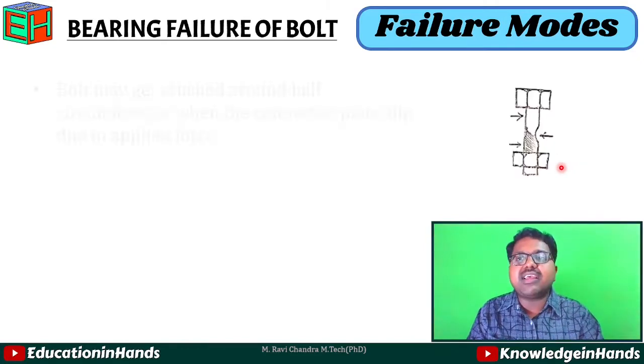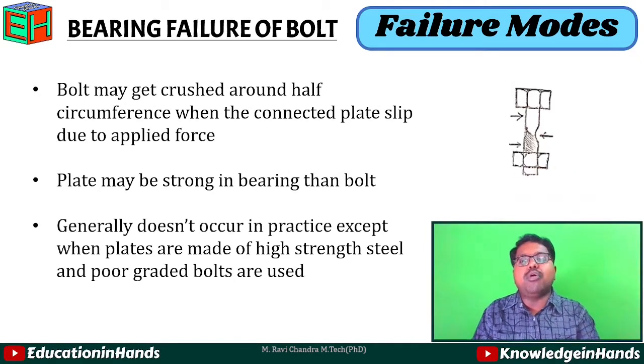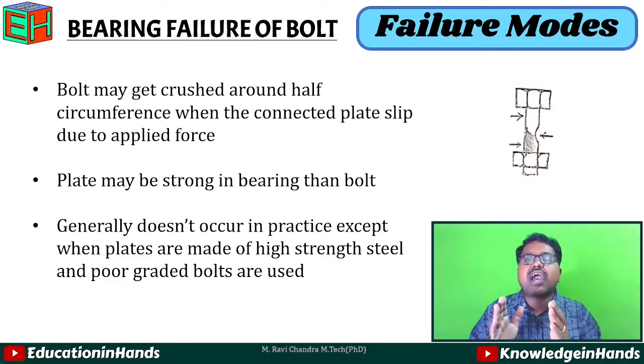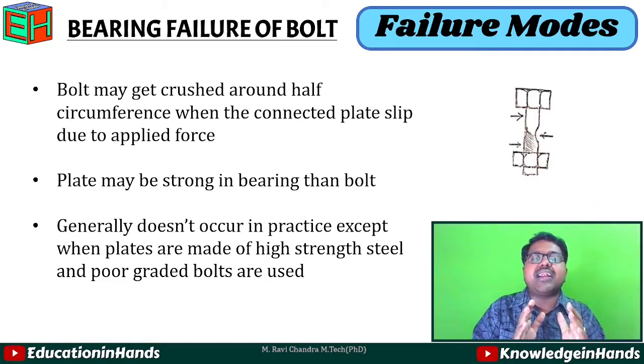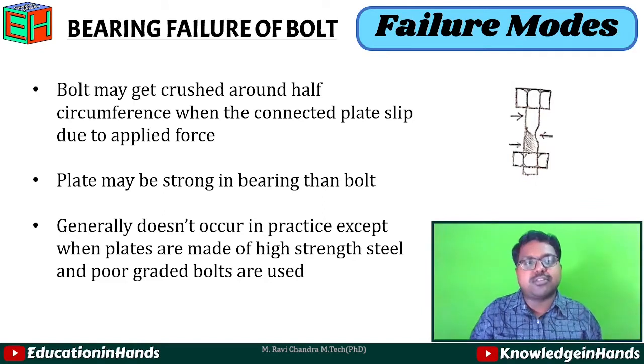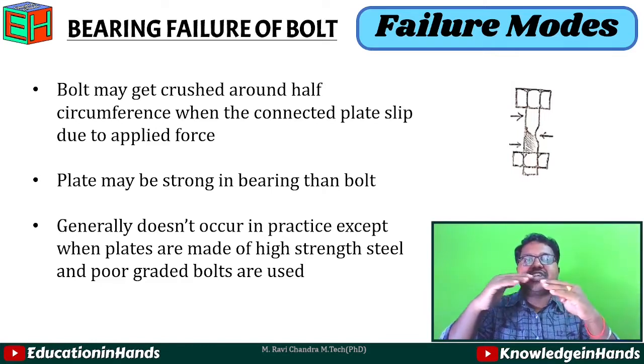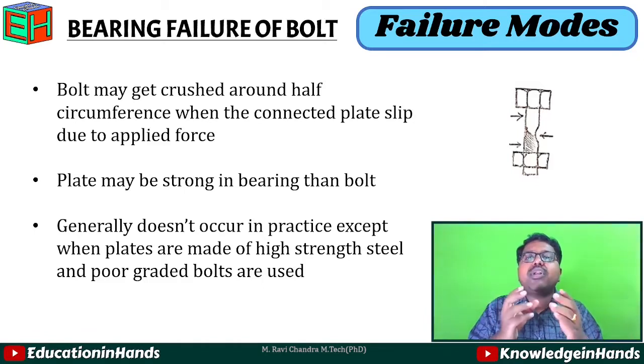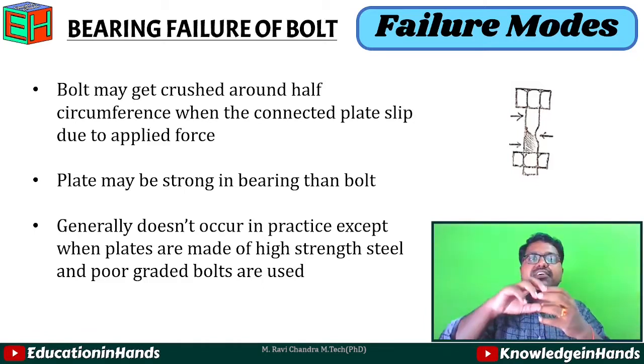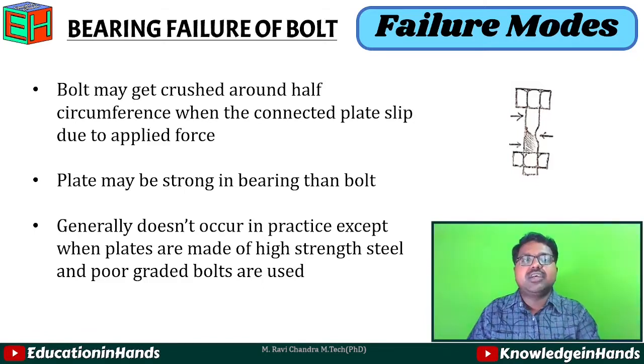Then the next one is bearing failure of the bolt. The bolt may get crushed around half its circumference when the connected plates slip due to the applied force. When one plate slips over the other due to this shearing, the bolt may get crushed instead of shearing off. That problem is called bearing failure in the bolt.